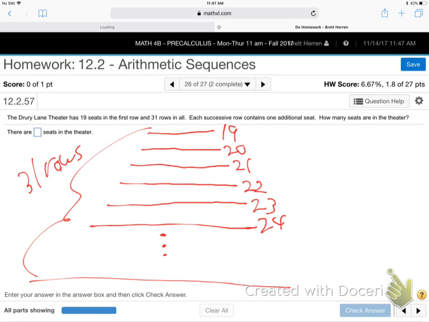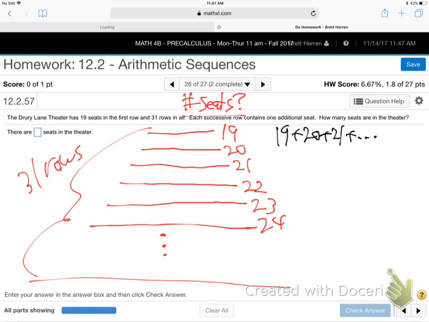What's the total number of seats? So if you wanted to count how many seats in that theater and you didn't want to go 1, 2, 3, 4 and hope you don't lose track somewhere, you would need the formulas we've been working with, huh? You would need to basically say, okay, I want to add up 19, 20, 21, dot, dot, dot. I want to add up those numbers, don't I?